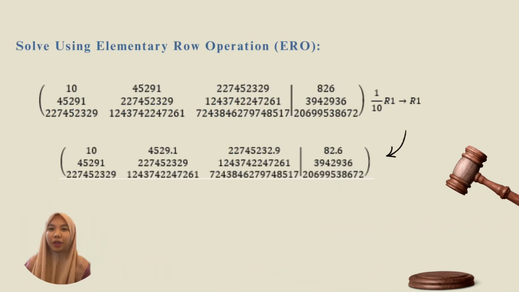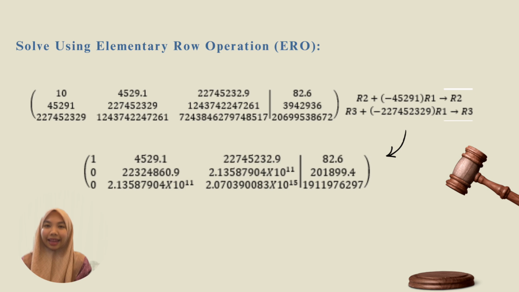From the equation we obtained before, we transform it into augmented matrix form. Then we multiply row 1 by 1 over 10 like in the slide. Next, from the matrix before, we will focus on row 2 and row 3 to get a leading 1 in the first column.